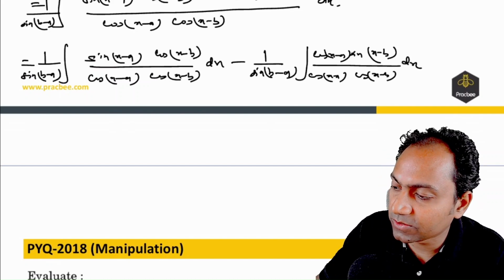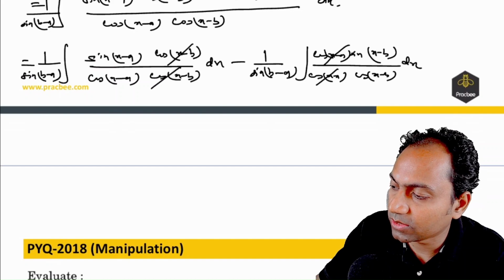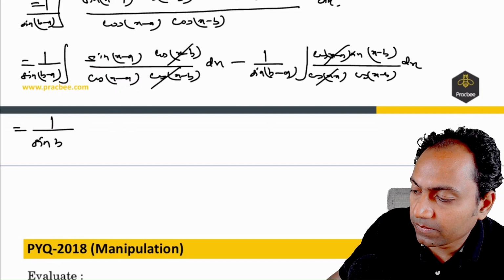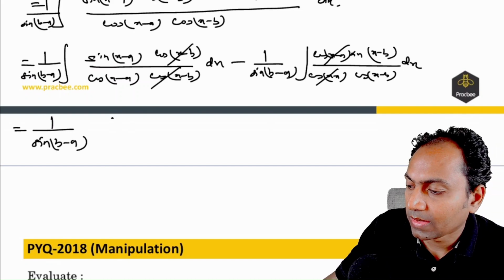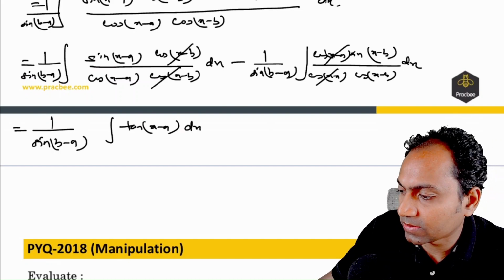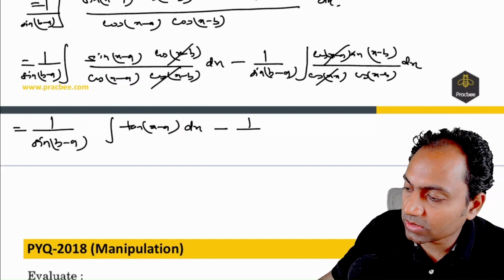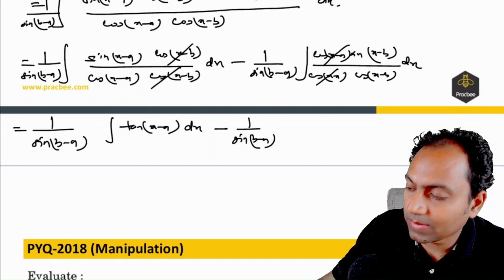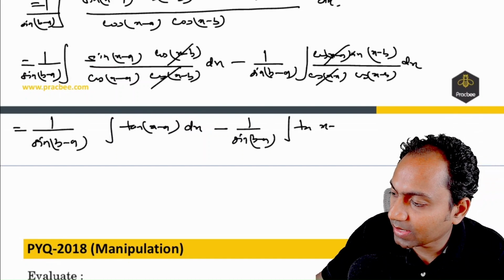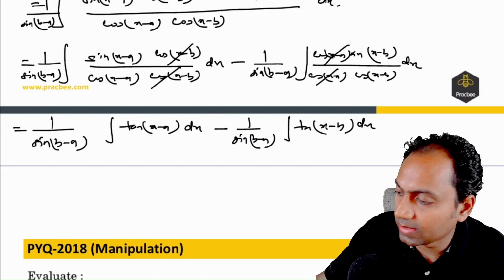Now you can see that in the first part this cos term is getting cancelled out, and here also. So we are left with nothing but 1 upon sine of b minus a, and this becomes tan of x minus a dx, minus 1 upon sine b minus a, and this part becomes nothing but tan of x minus b dx.